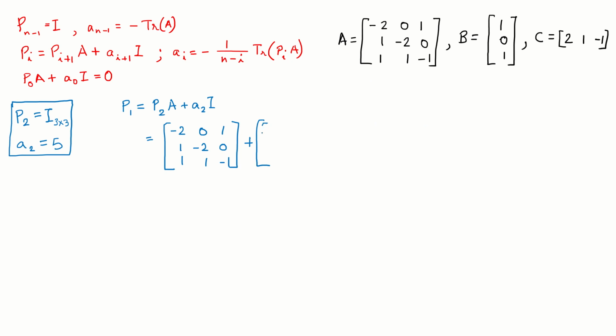So this will be 5, 5, 5. Other places we have 0.